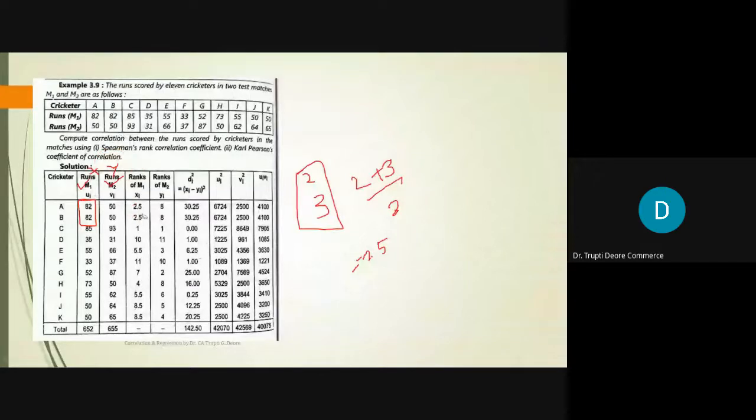Now the second and third ranks are absorbed by these two numbers. After 82, what is the next number? This is 73, right? So the fourth rank is directly given to the next number. After 73, the highest number is 55. There are two 55s.